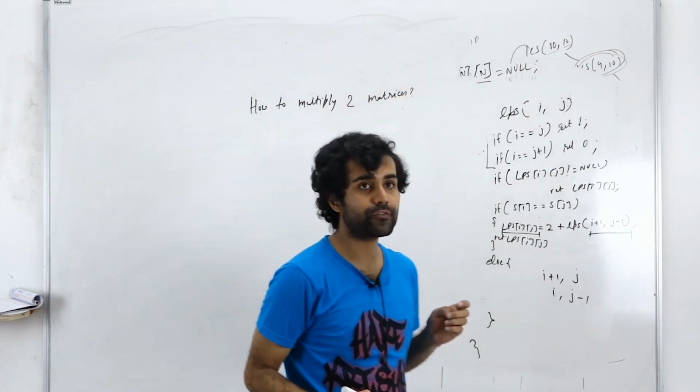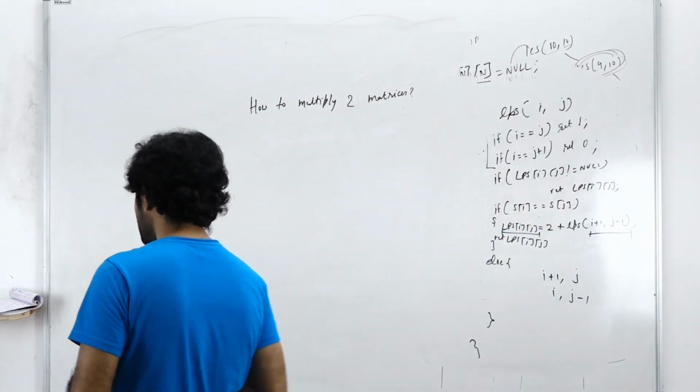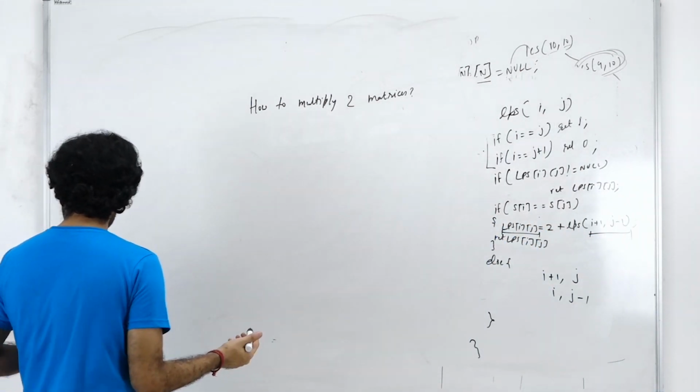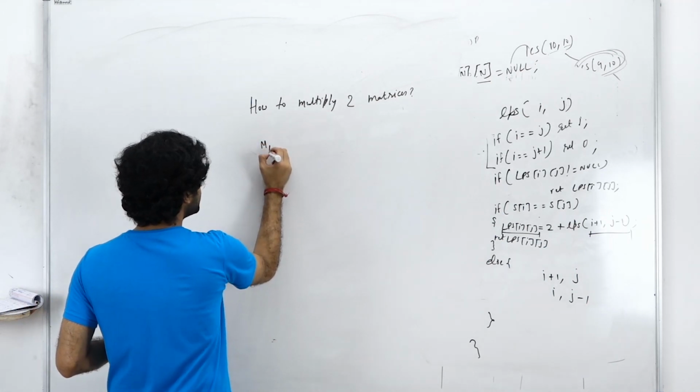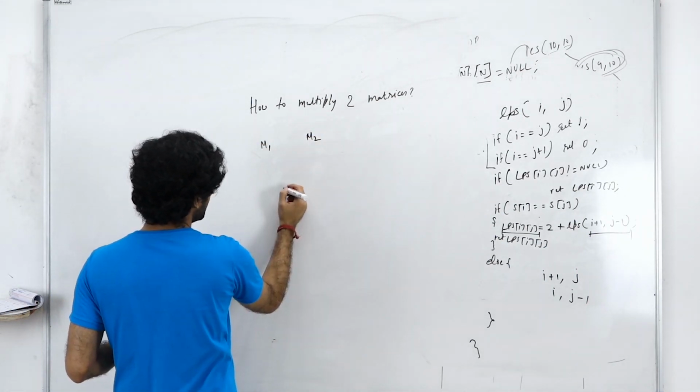Just type in yes, those of you who know how to multiply two matrices. You know it, right? Okay, I think that's high school mathematics, so you should know. Let's say there is a matrix M1 and there is another matrix M2.